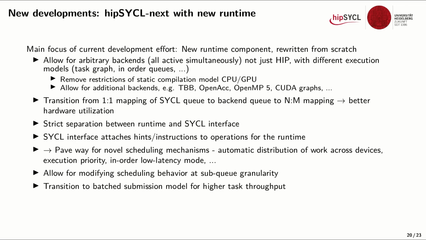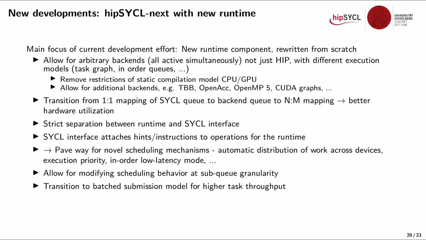Additionally, we're also changing the way that a backend queue relates to the SYCL queue. At the moment, we have in our SYCL queue a one-to-one mapping to a HIP stream, so a HIP in-order queue, and this restricts our ability to automatically overlap data transfers and compute.